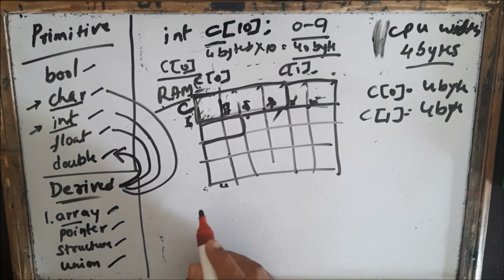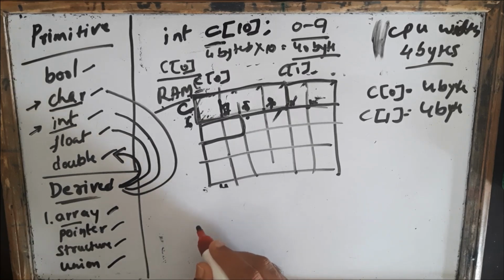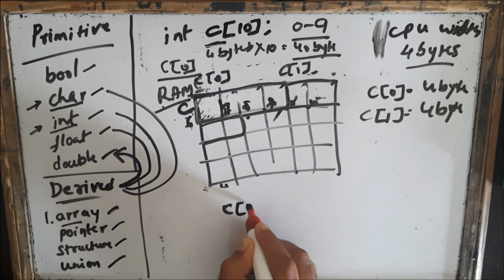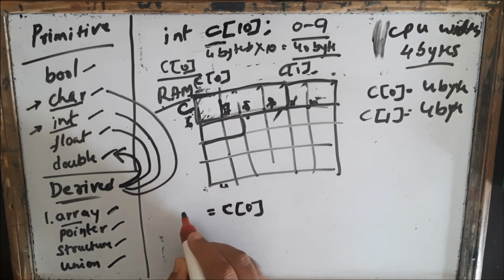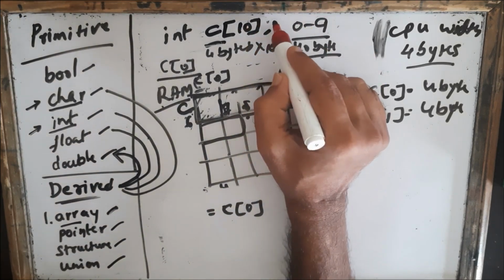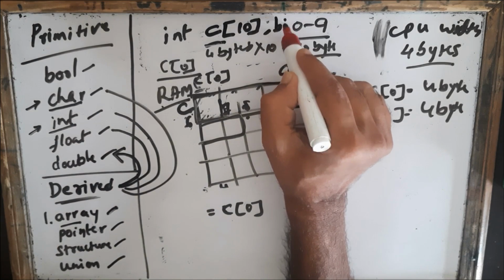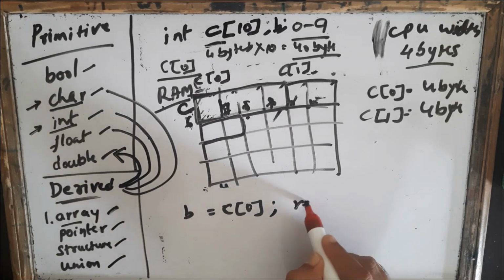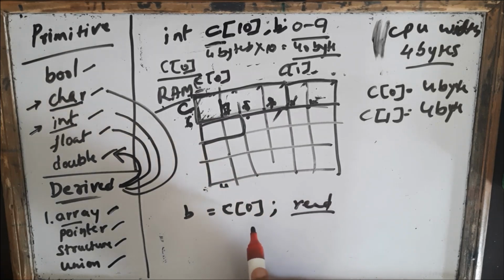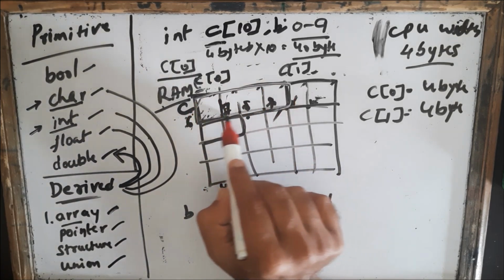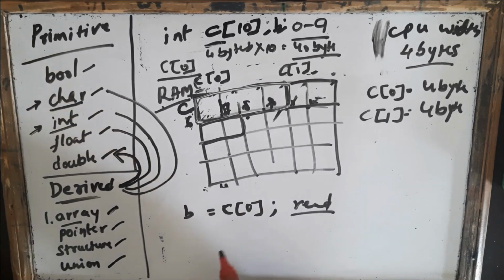So the read and write remain the same as we do for the character. Say we have one more integer called b, so b is equal to C of 0. This is a read. Whenever it reads C of 0, that means these 4 bytes will be read into b.